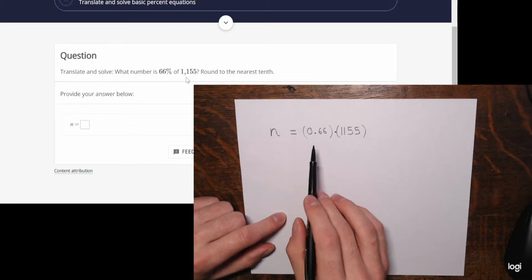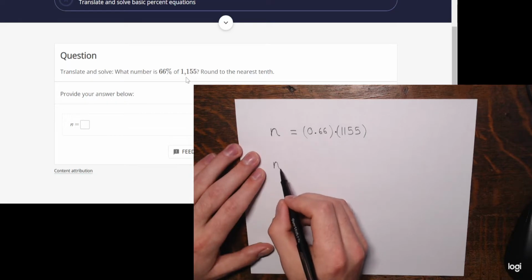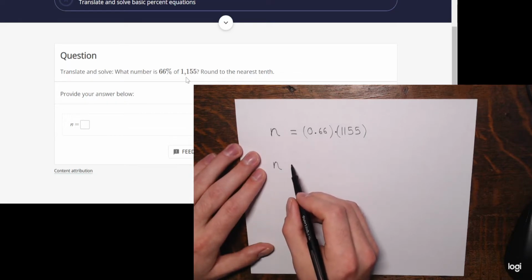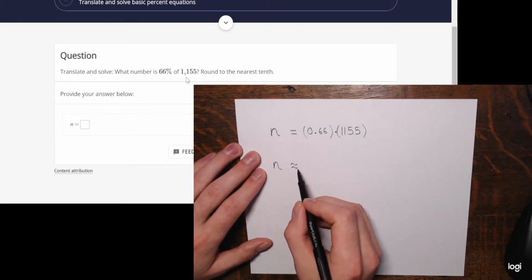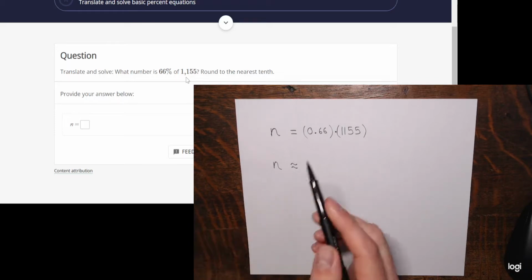And again, I'll do this on a calculator. They ask us to round to the nearest tenth. n is already alone here, and I'll put approximately equals, and I'm just going to a calculator for this. So if you have one, use it. So 0.66 times 1,155, and actually there's no approximation here.